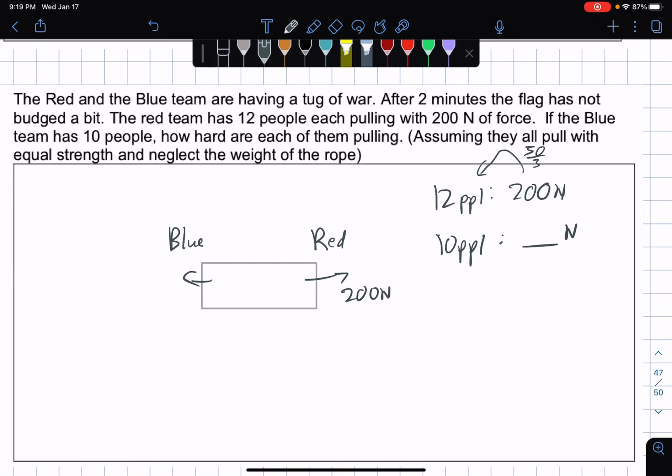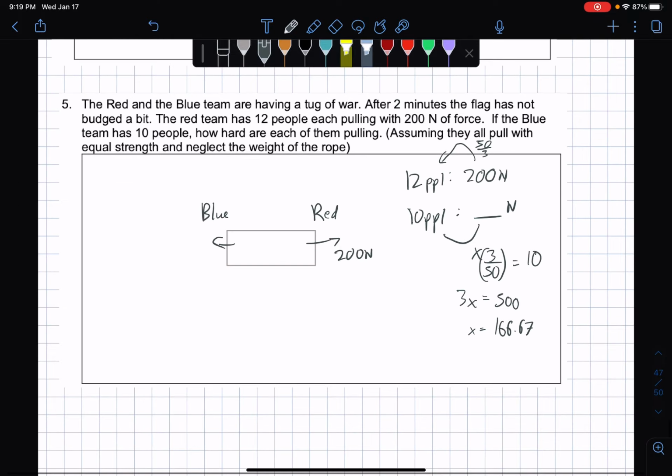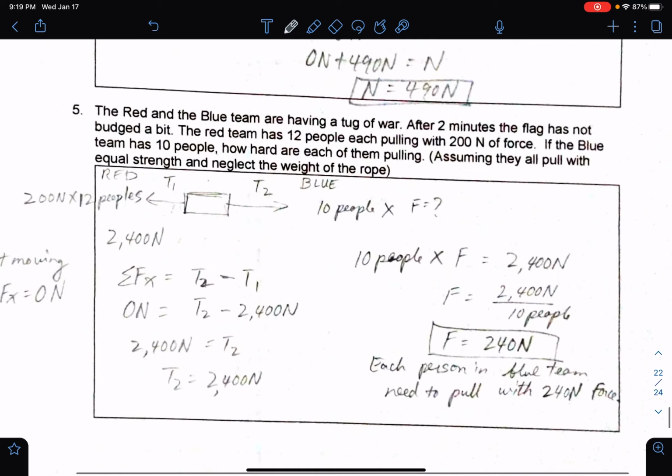That's 12. So x divided by 50 over 3, or just simply 3 over 50, is equal to 10. Are we even close? That's just weird.